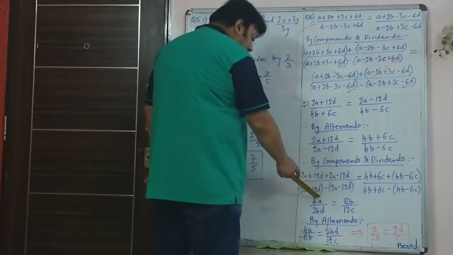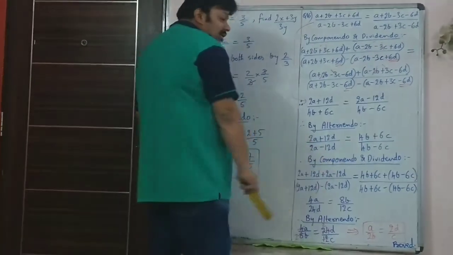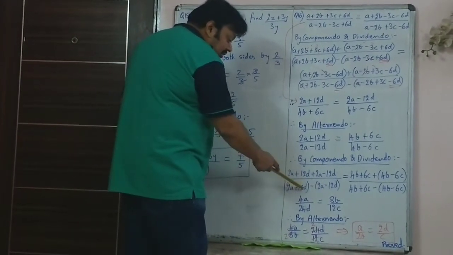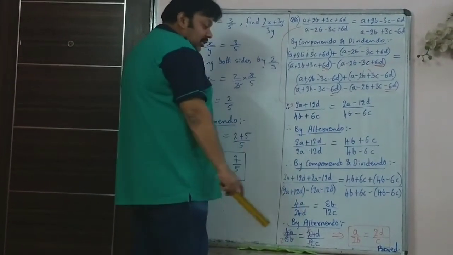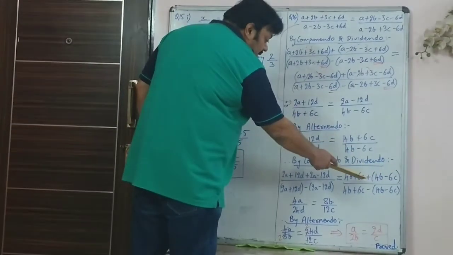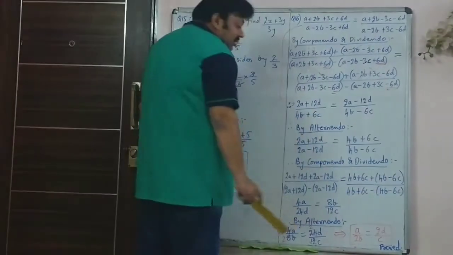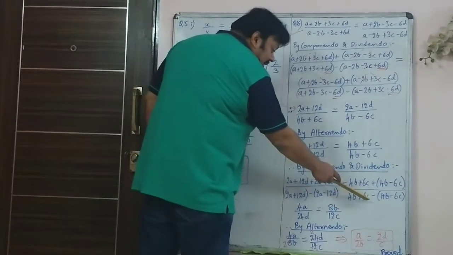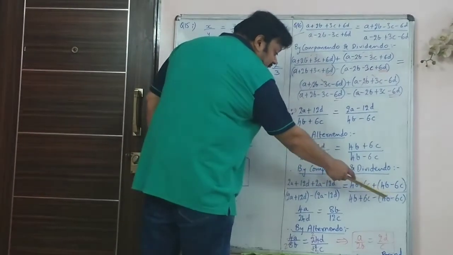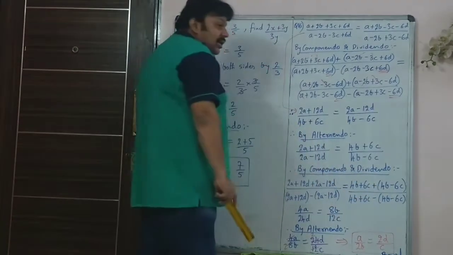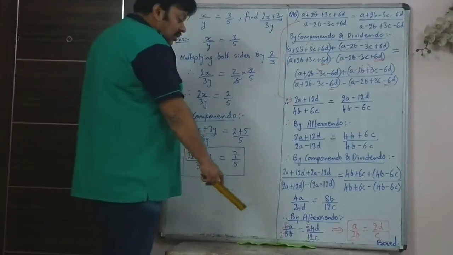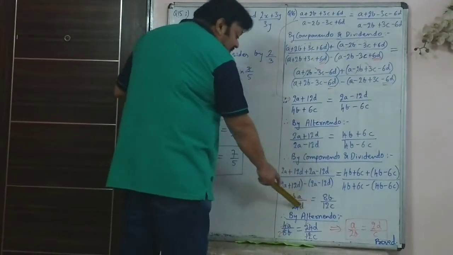So this becomes 4a, 12 and 12a will get cancelled. Denominator 2a gets cancelled, you are left with 24d. Now here 6c and minus 6c will get cancelled, you will get 8b. And denominator 4b and minus 4b will get cancelled, you will get 12c. So now you have got it in the most basic form.